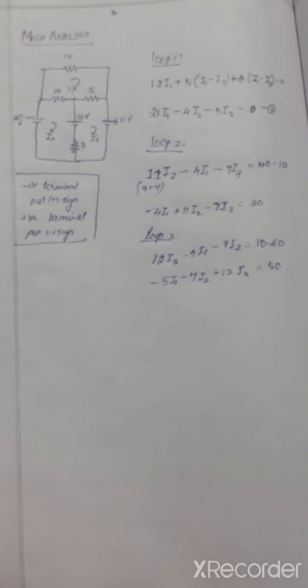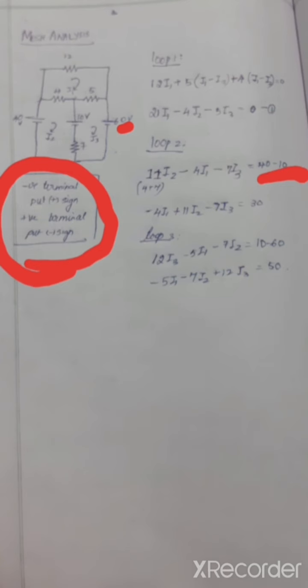Before learning how to form the equations, let us learn how signs are determined. You have to take care of the sign of the voltages, which is always on your RHS.